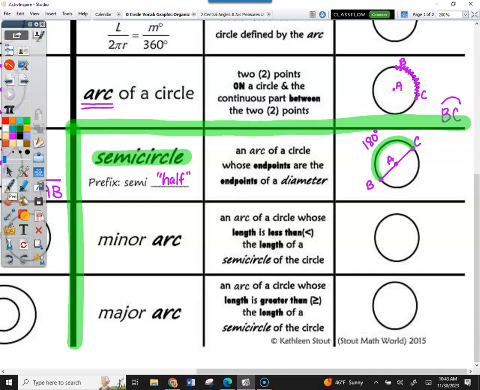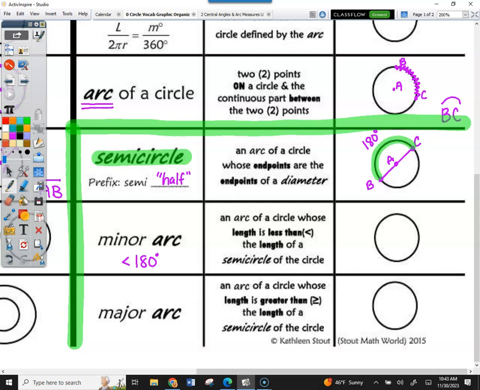Now the cool thing about minor arc, major arc is, I've said it before, the way mathematicians name stuff is intuitive, meaning the word is telling you the definition. If it's a minor arc, it means it's less than 180 degrees, meaning less than half.